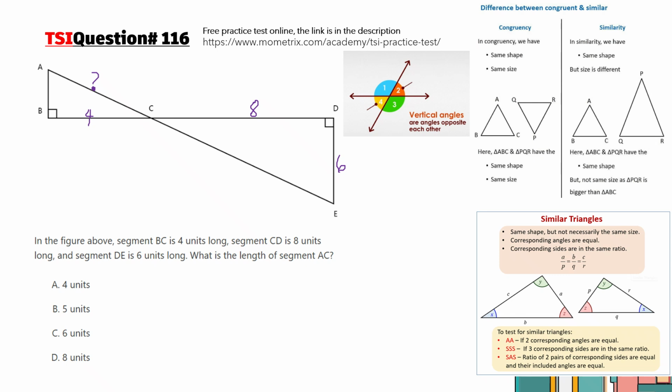So to solve this problem, we need a lot of information. First of all, we see that we have two right triangles, which means the angle has a measurement of 90 degrees. So angle B and angle D are the same.